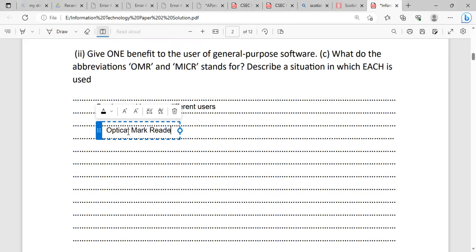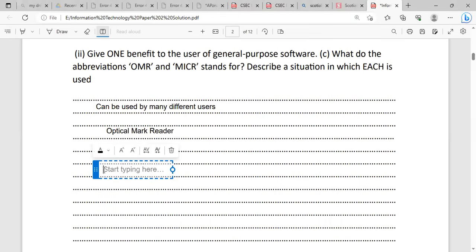Who typed in that? All right. What about the MICR? Type in that. And this one is the magnetic ink character reader.